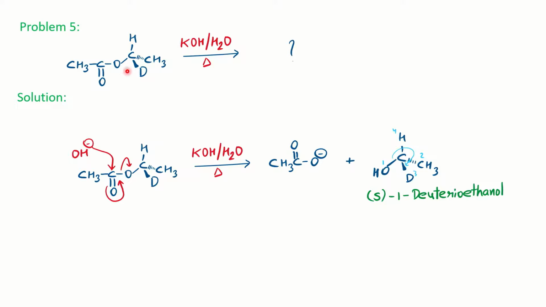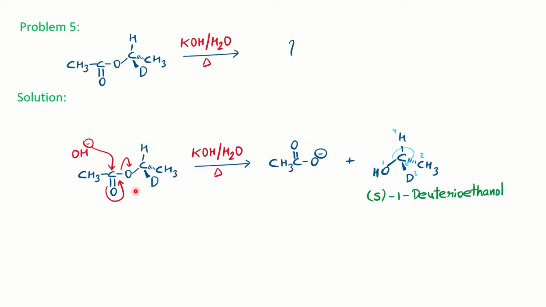Formation, and you can see here the retention of configuration. Here you have S ester, here also you are getting the S alcohol. So retention of configuration you will get only if the mechanism is through tetrahedral.